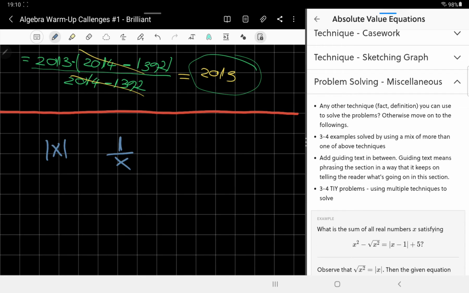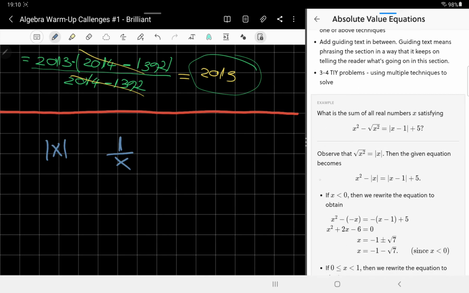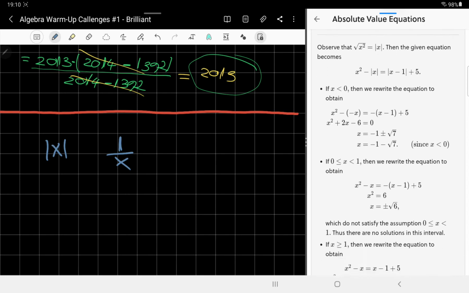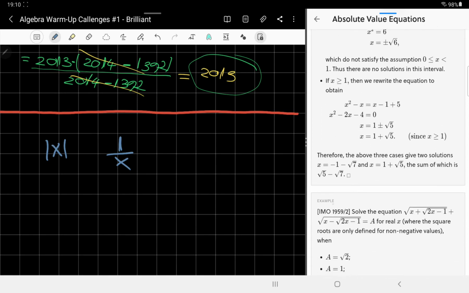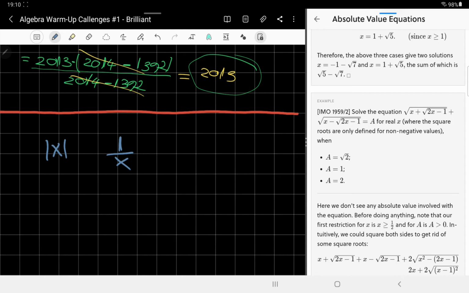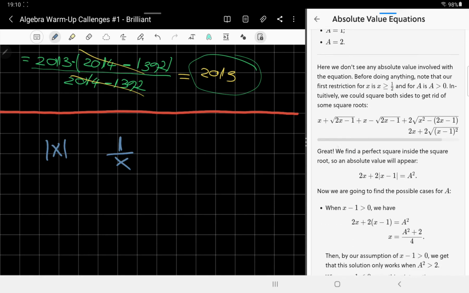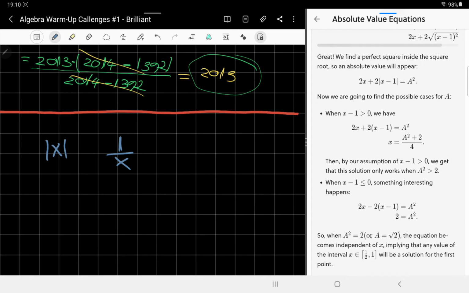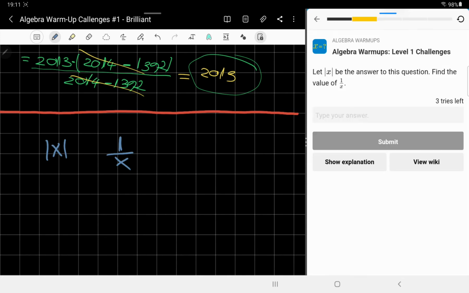Problem solving. Well, maybe it's just me, but the instructions do not actually look really clear here.